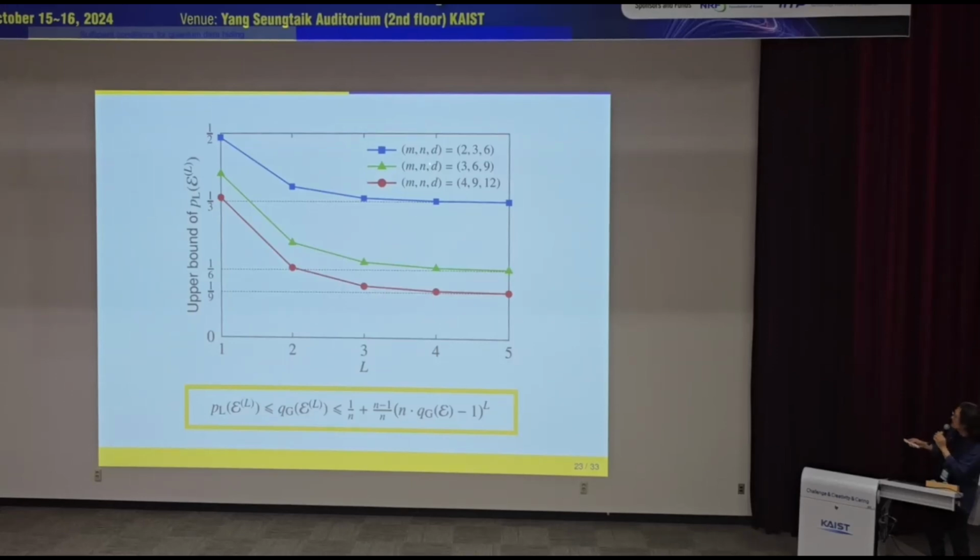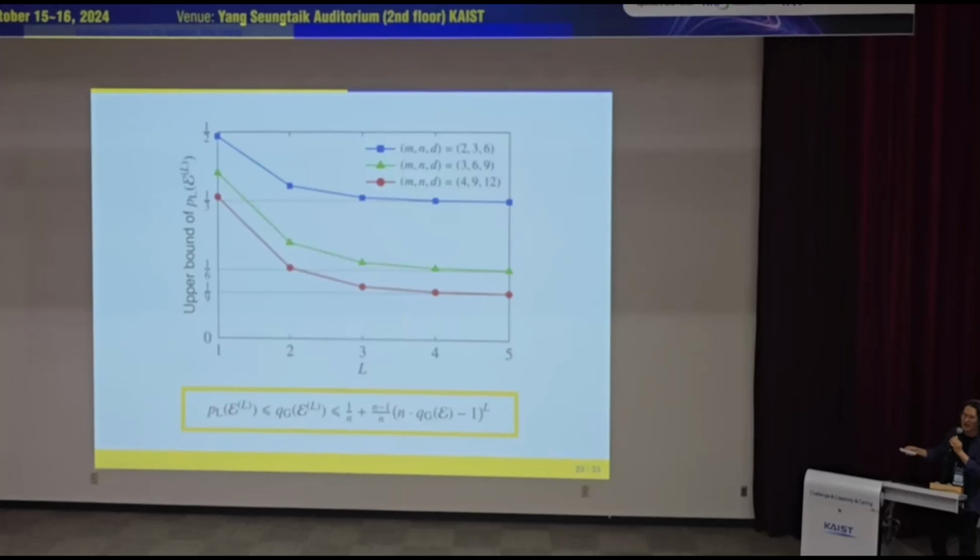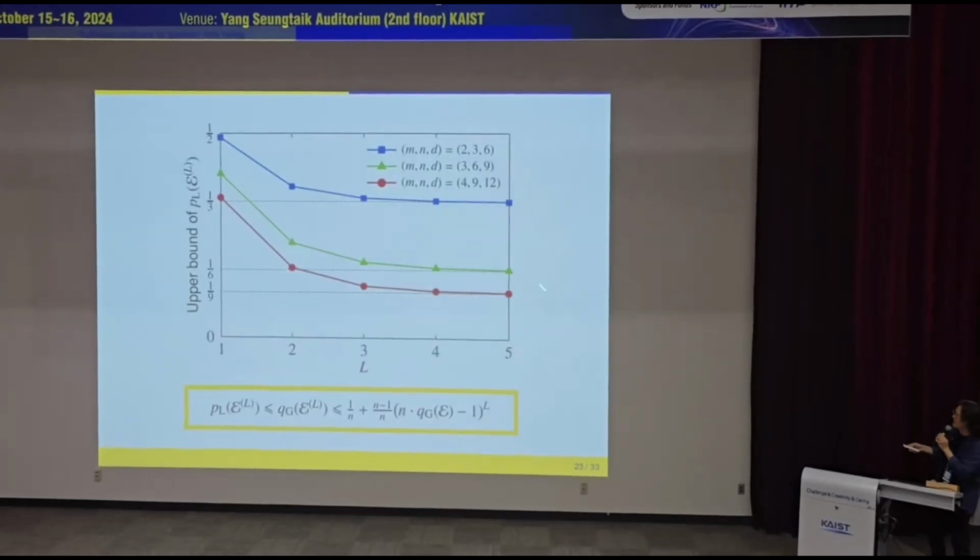For the case when the number of states is 3, 6, or 9, after a couple of iterations, the upper bound of P_L rapidly tends to random guessing.